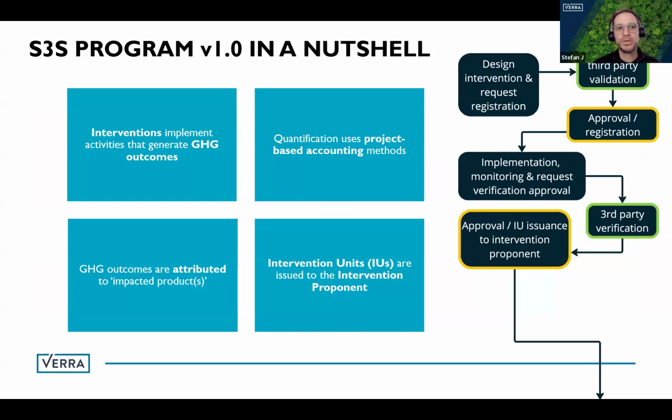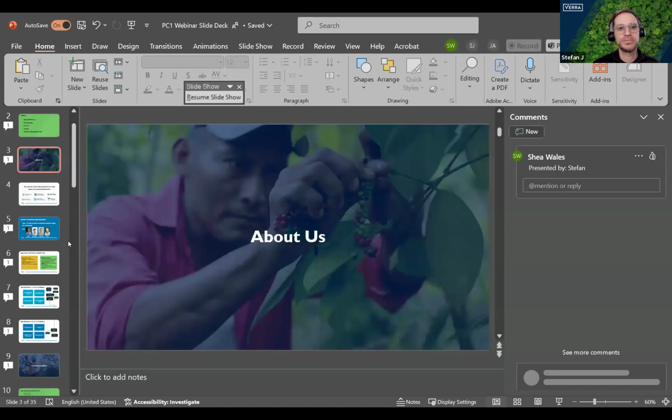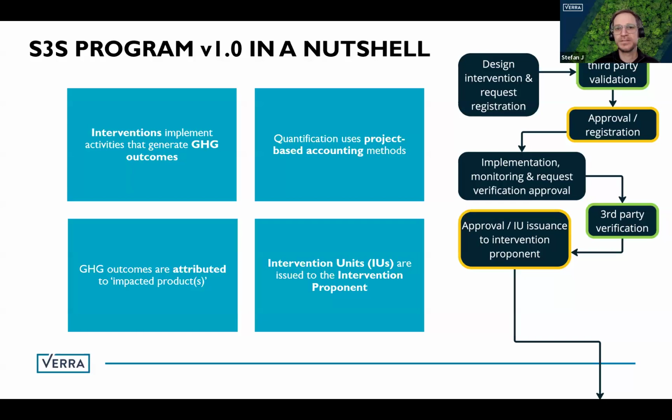The blue boxes on the left have some of the main elements, starting with, oops, I think we need to get back to slide 7. Thank you. Starting with interventions that are implemented via activities that generate greenhouse gas outcomes, so emission reductions or removals.